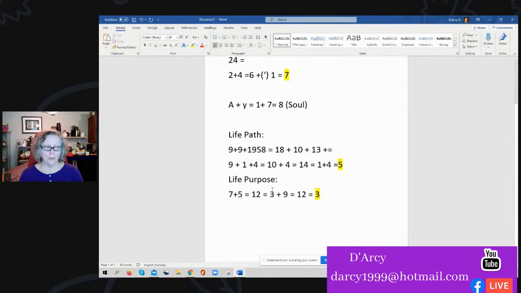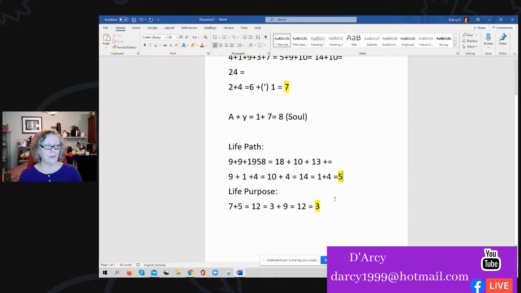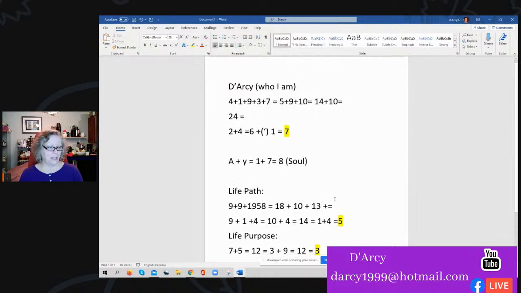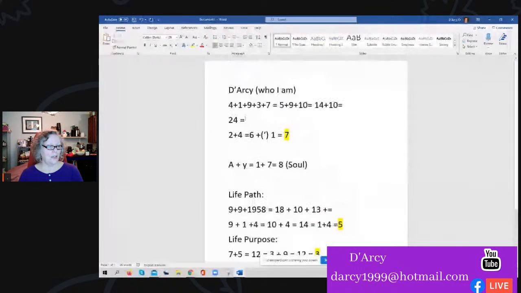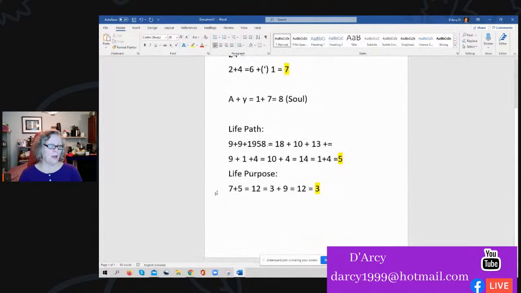And then my life purpose, and this is different than most numerologists. They don't actually go to this extent of looking for a life purpose. I am taking my 2 and 4, 6. So once again, look at that. My math is wrong. My life purpose is going to be 6. Should have really done my math before I did this.